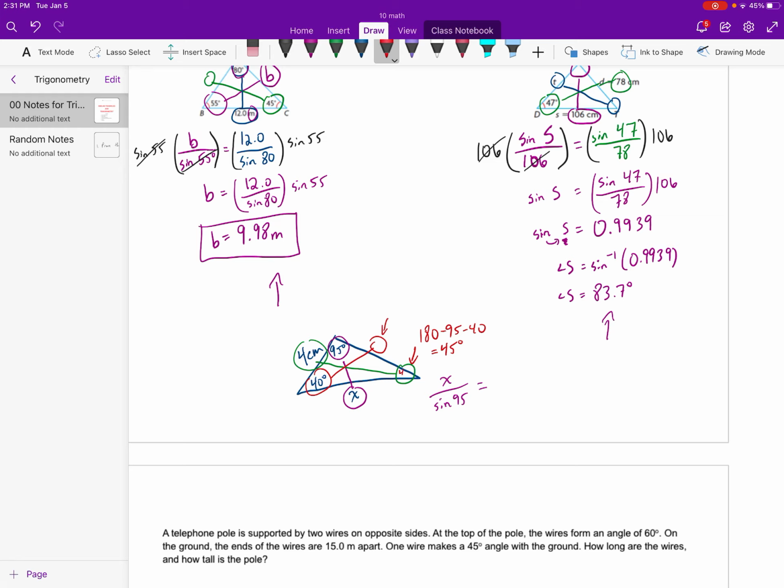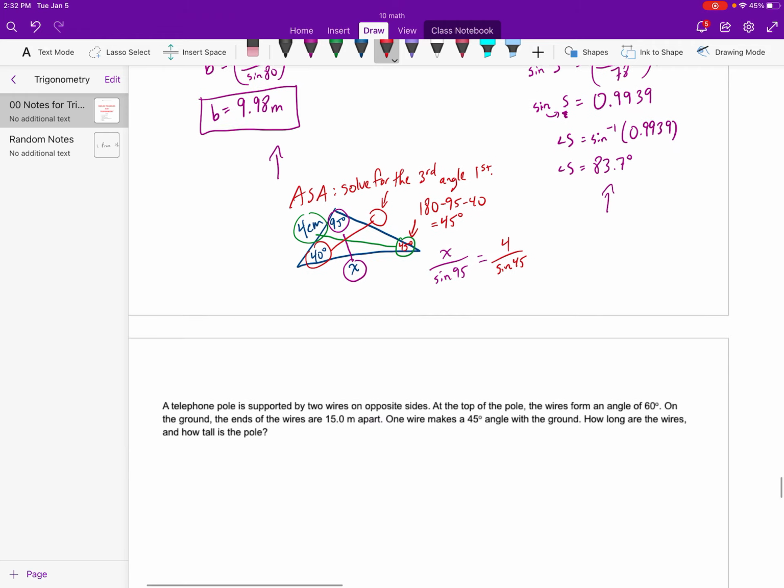So now we know that this is 45, which means we can solve this problem with 4 over sine 45. Okay? So if you ever get ASA, solve for the third angle first. You'll notice and recognize this question when you come into a problem with it and you can't seem to figure out how to solve it using sine.